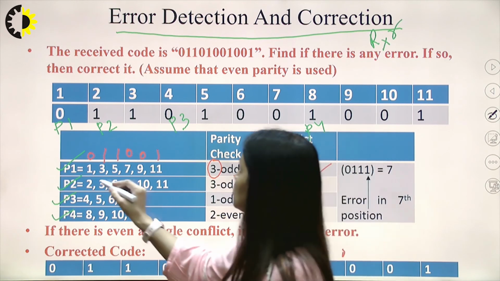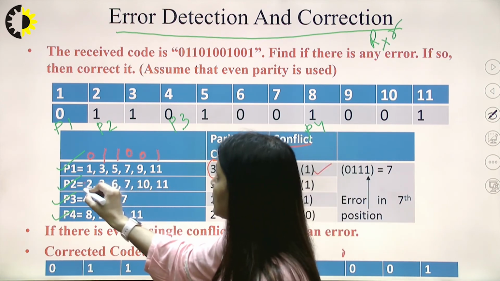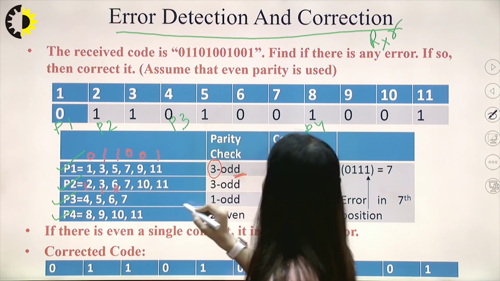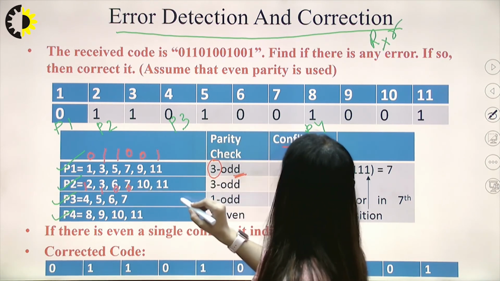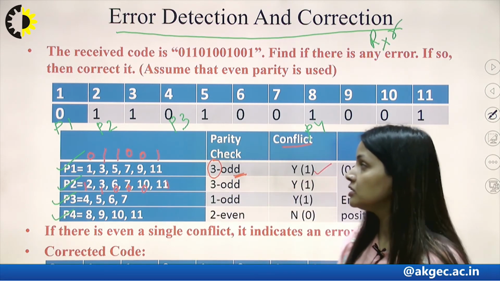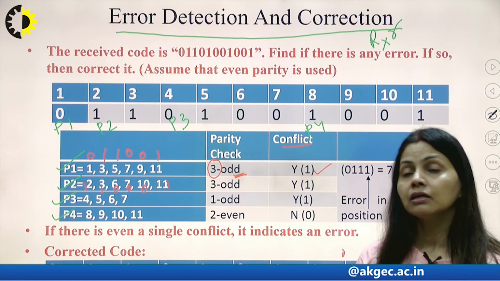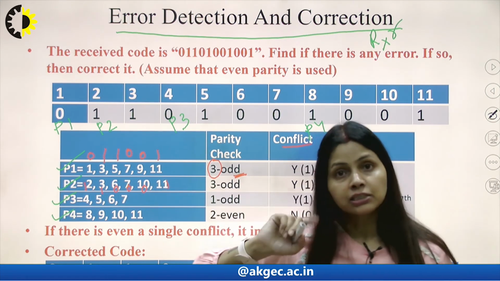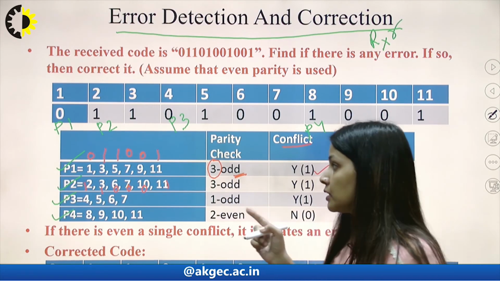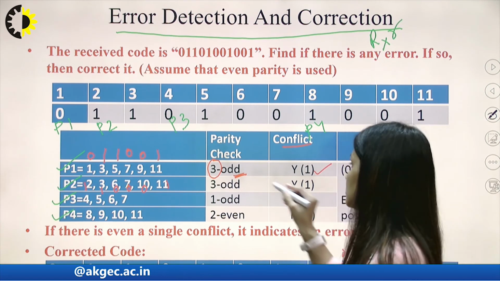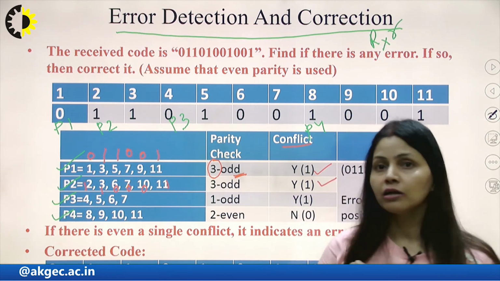Again the receiver will check for P2. So 2 3 6 7 10 11: 3 is 1, 6 is 0, 7 is 0, 10 is 0, 11 is 1. Again it is having 3 ones in the received data. Should I add some parity bit to my data stream? Yes. For yes it will put a 1 here.